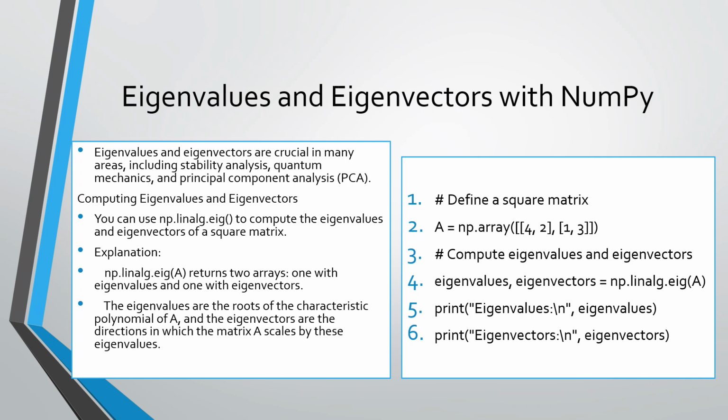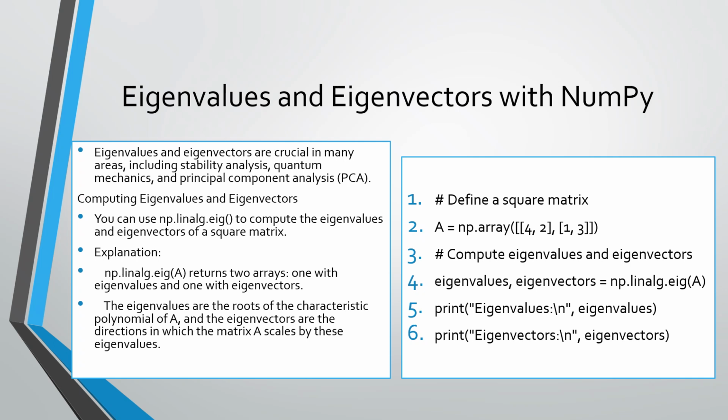We can compute eigenvalues and eigenvectors by applying the np.linalg.eig function. Under linear algebra in NumPy, we have the eig function to compute the eigenvalues and eigenvectors of a square matrix. We will get two arrays, one for eigenvalues and one for eigenvectors.